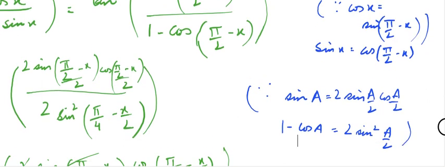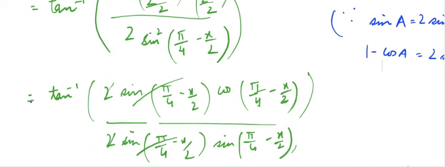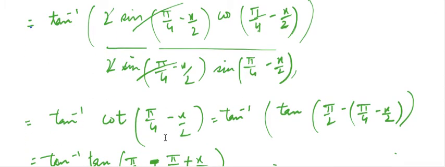Now when this expression is simplified, we get tan inverse of 2 sin this. 2 and 2 are getting cancelled, sin is getting cancelled with sin, and what I get? Cos by sin. So the expression now simplifies to tan inverse cot of (pi by 4 minus x by 2).